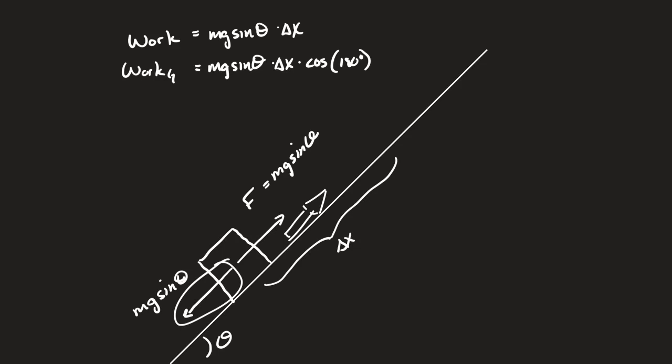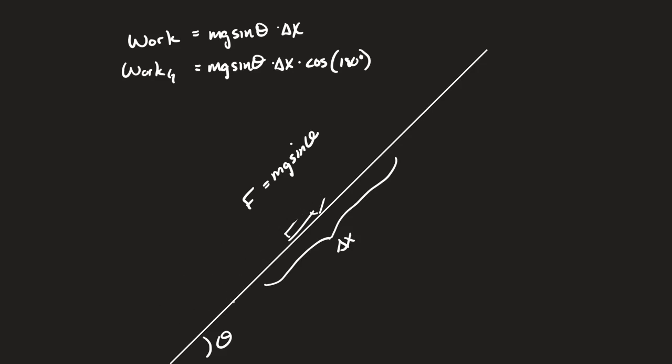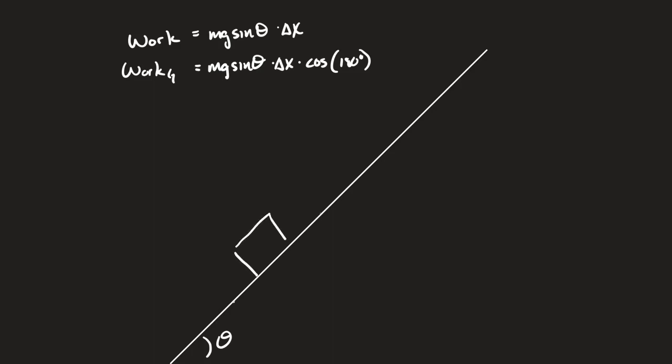Now, follow along, because this is the meat and potatoes. This is why you do so bad in your math class. The definition of work is force times displacement times the cosine of the angle between them. I could not consider components and consider the fact that mg acts down, but the box is moving up the ramp a distance delta x.